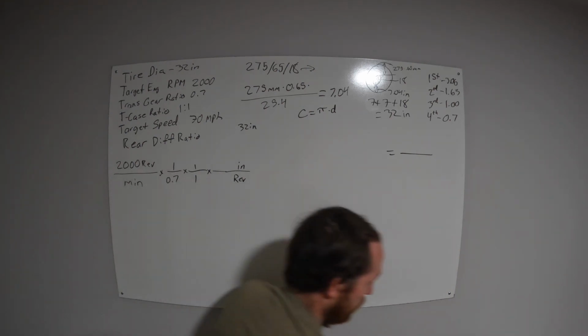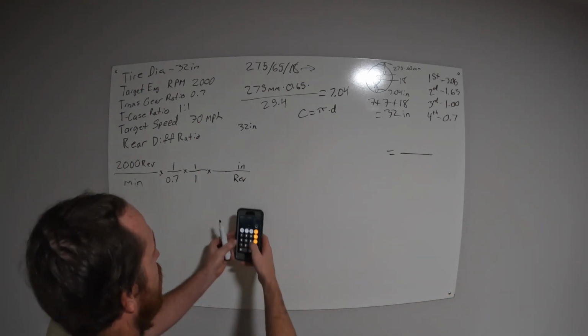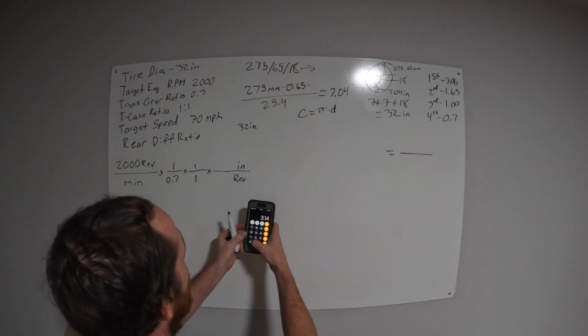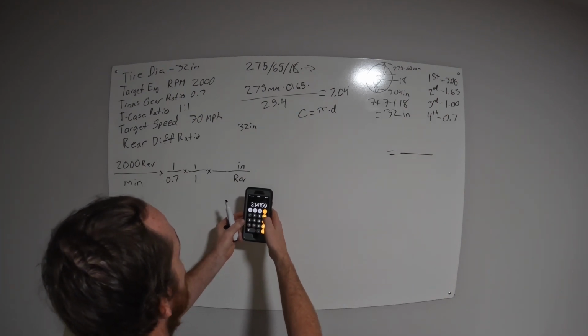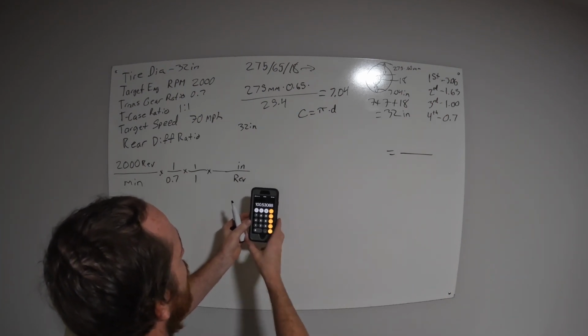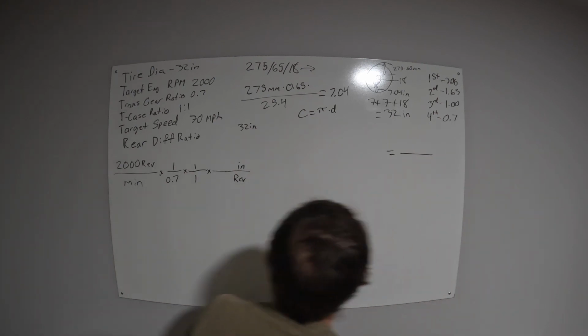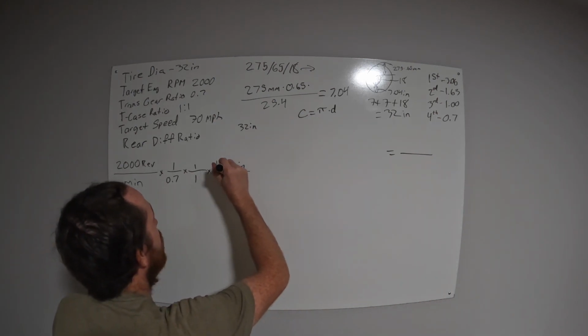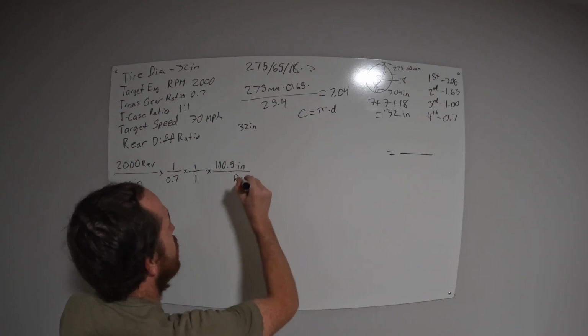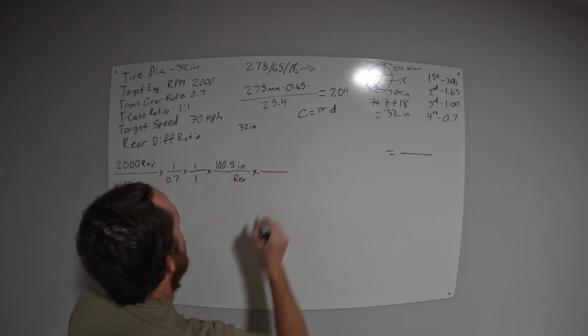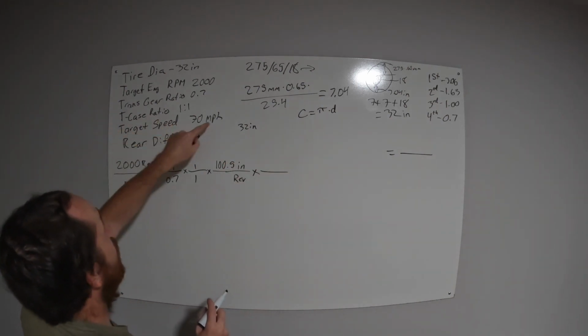Pi times diameter: 3.1459, just because I'm a nerd, times 32 gives 100.5 inches per revolution.